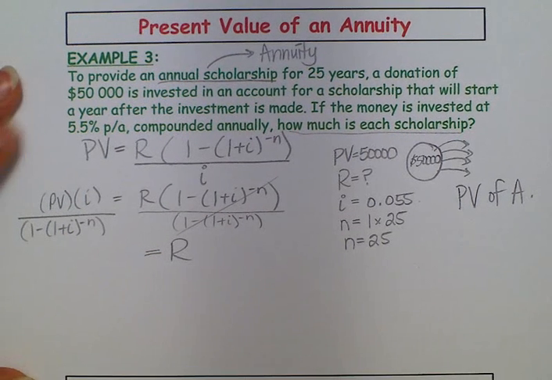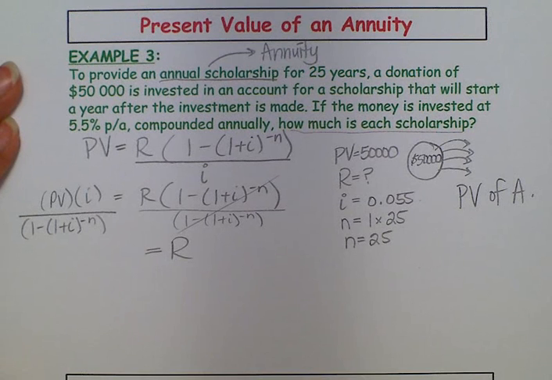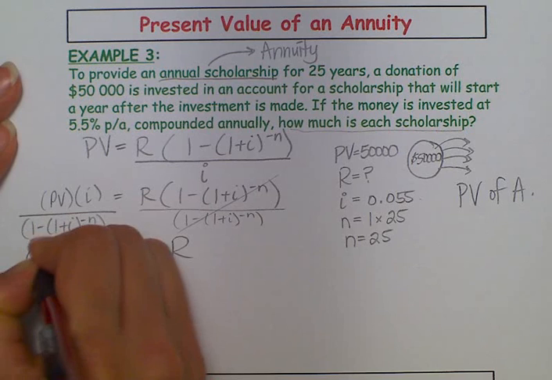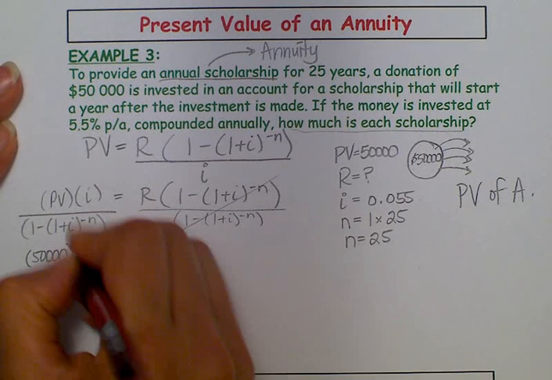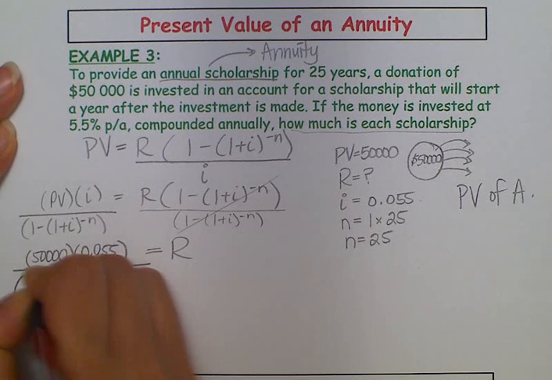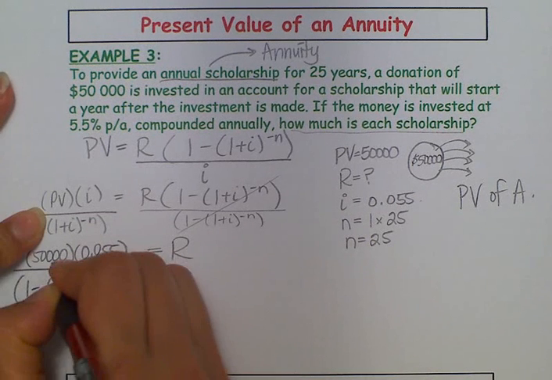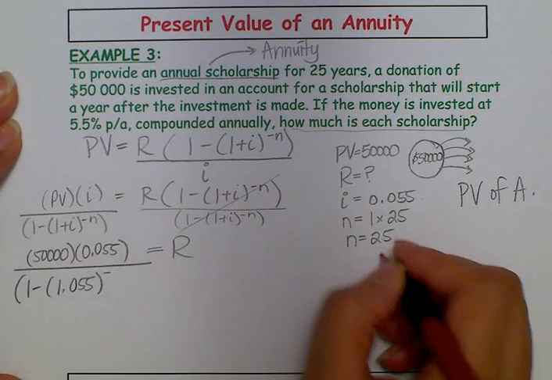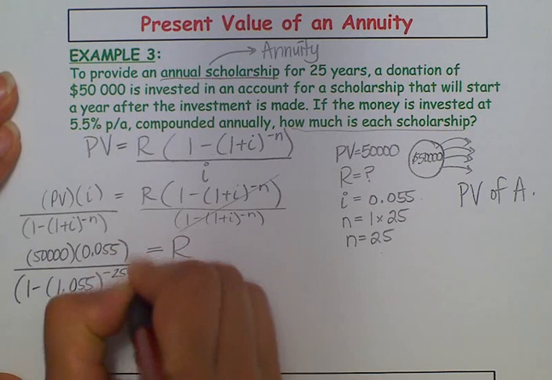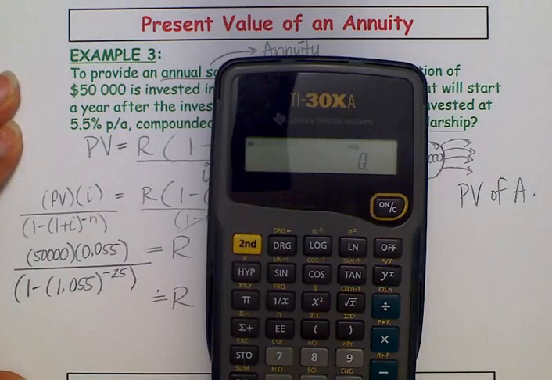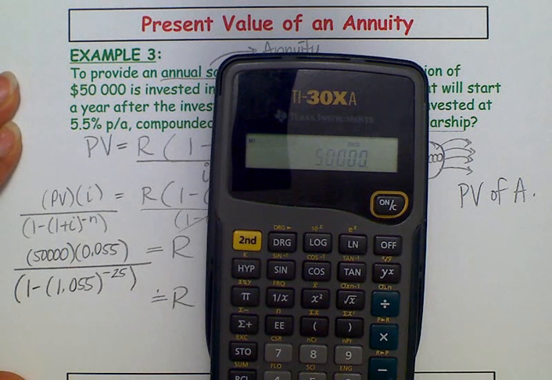Because I know all this information, I'm going to substitute it in, and then I can evaluate it in one shot. So the present value is 50,000. The value of I is 0.055, divided by 1 minus 1 plus I, which is 1.055 to the exponent negative 25. I can evaluate for the value of R all in one shot: 50,000 times 0.055 equals.